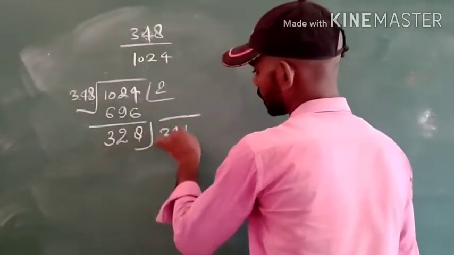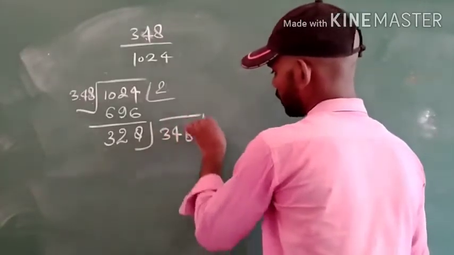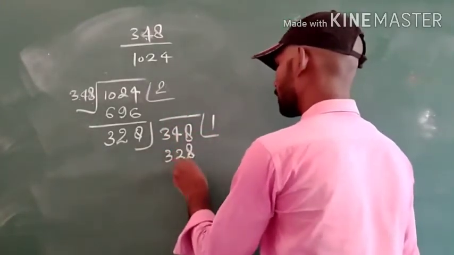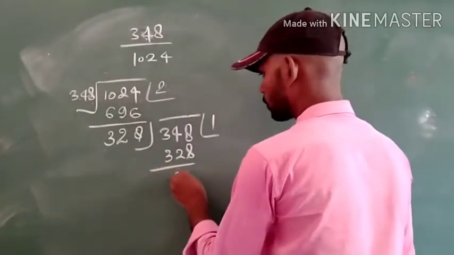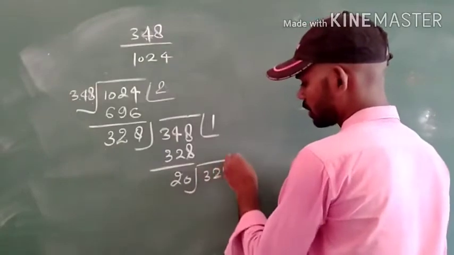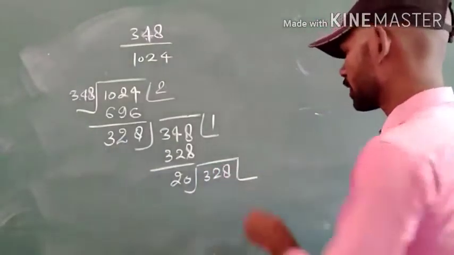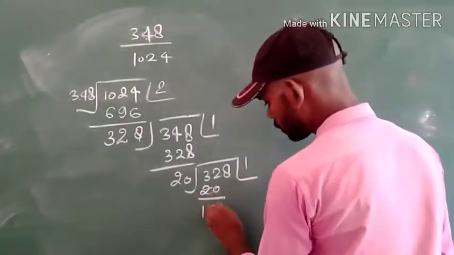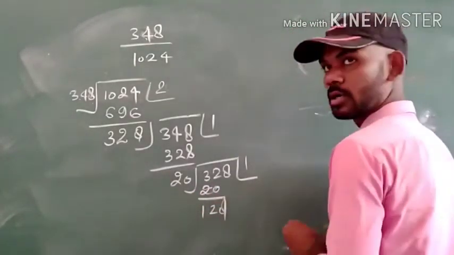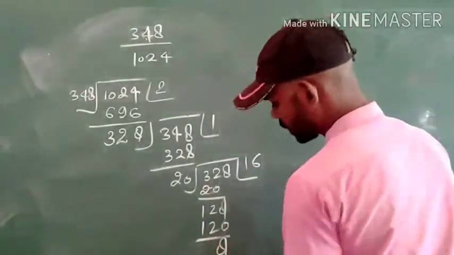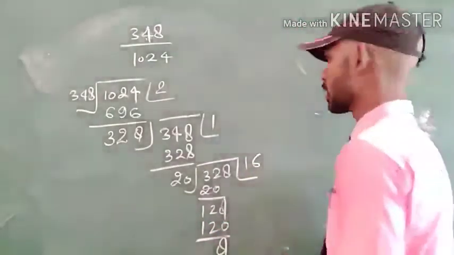And this will divide 348, and here it goes 1 time, 328. Now subtracting we get 20, and 20 will divide 328. So let's see, 16 times is 320, we get 128, and then remainder 8.